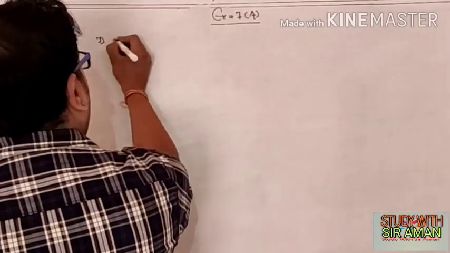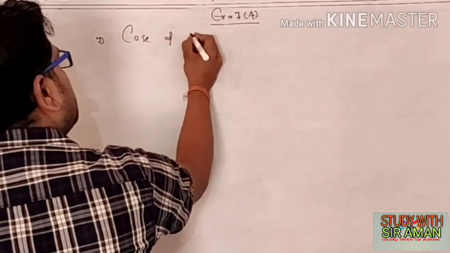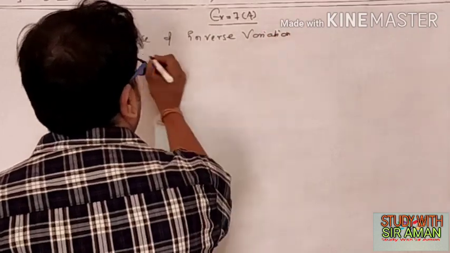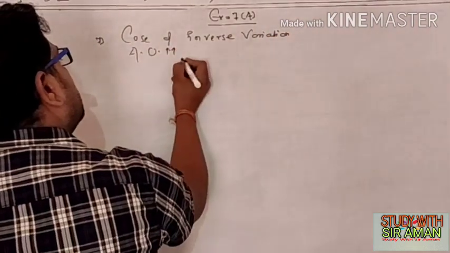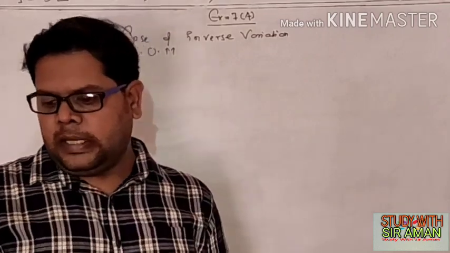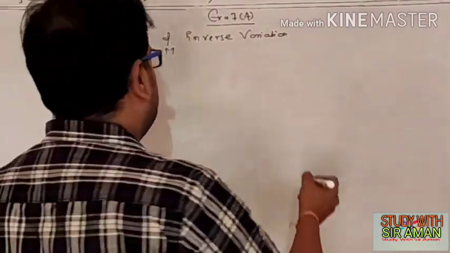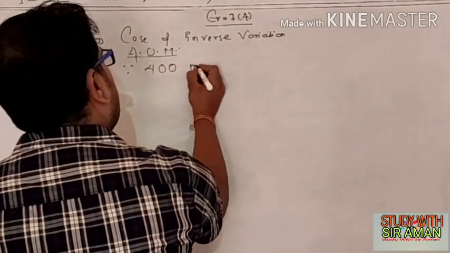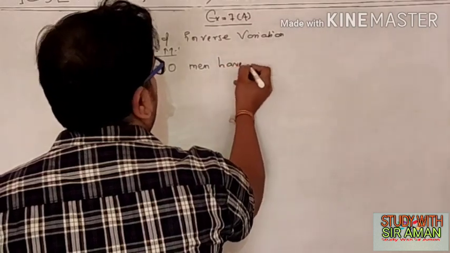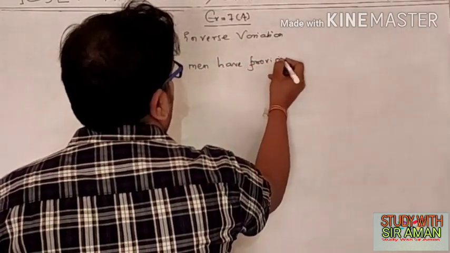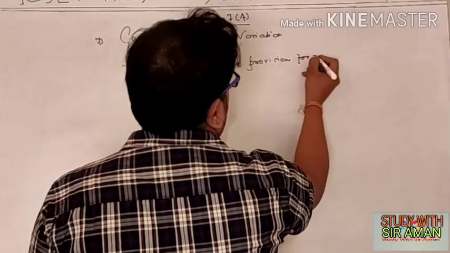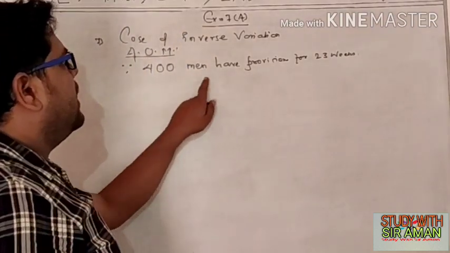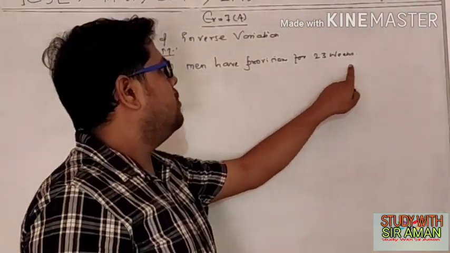Question. Case of inverse variation. Applying unitary method. Okay. First line from the book we have to write. Since 400 men have provisions for 23 weeks. 400 men can eat the food for 23 weeks.